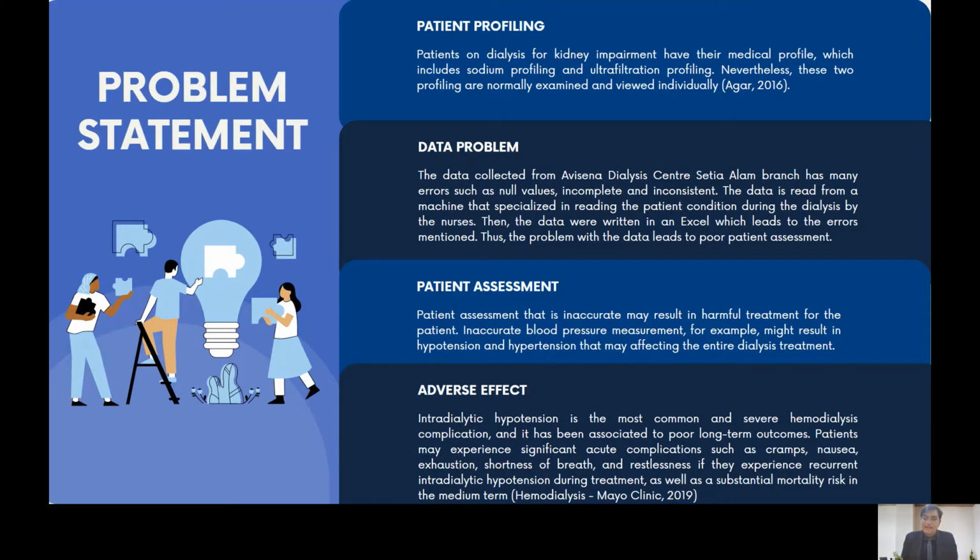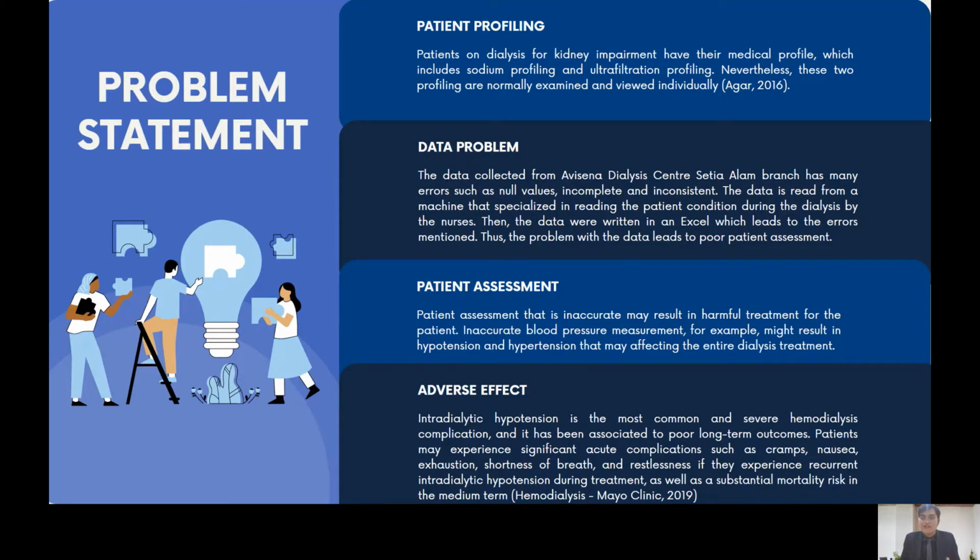Next, poor patient assessment that is inaccurate may result in harmful treatment for the patient. Inaccurate blood pressure measurement, for example, might result in hypotension and hypertension that might affect the entire dialysis treatment for the dialysis patient. And this leads to adverse effects, which, as mentioned, may lead to intradialytic hypotension.